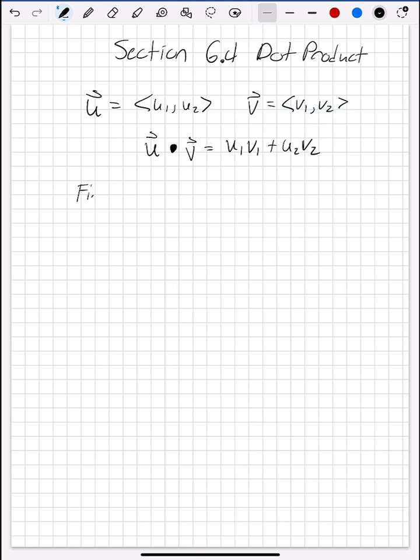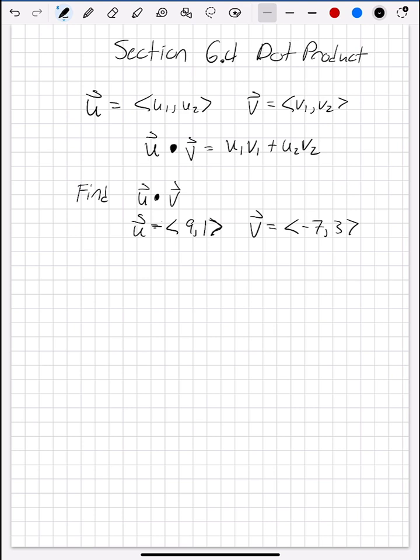So let's find u dot v, when u is (9, 1) and v is (negative 7, 3).